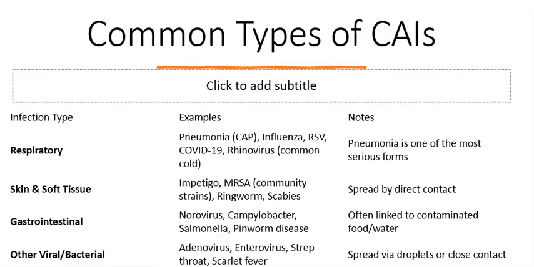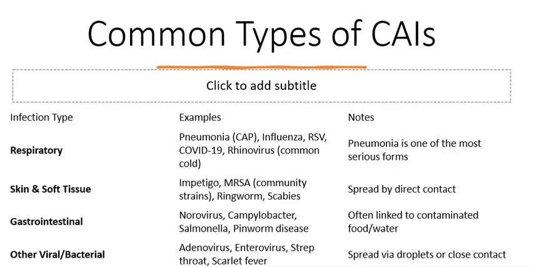Common types, of course, you could have respiratory, which would be your pneumonia, influenza, RSV, COVID-19, your rhinovirus, which is just your common cold. Skin and soft tissue: staph infection or your MRSA is a biggie. Ringworm.